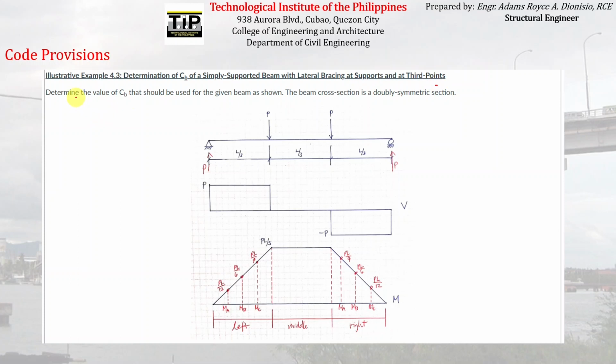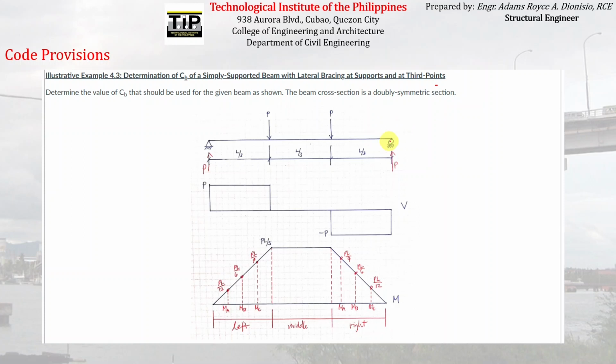So the question asks, determine the value of CB that should be used for the given beam shown. The beam cross section is a doubly symmetric section.